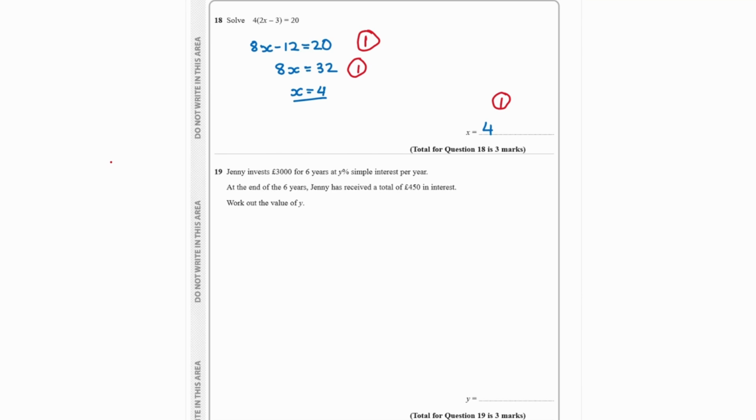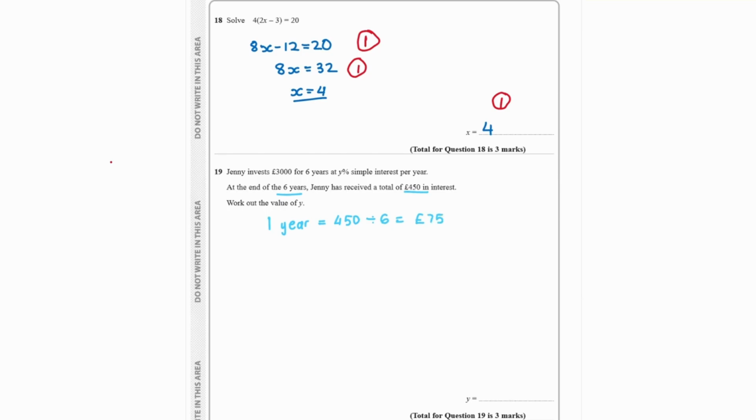Question 19. Jenny invests £3,000 for 6 years at Y% simple interest per year. At the end of the 6 years, Jenny has received a total of £450 in interest. Work out the value of Y. So if Jenny has received £450 after 6 years, that means we can first find how much interest she received in 1 year, and in order to do that, we will do 450 divided by 6, and this gives £75.